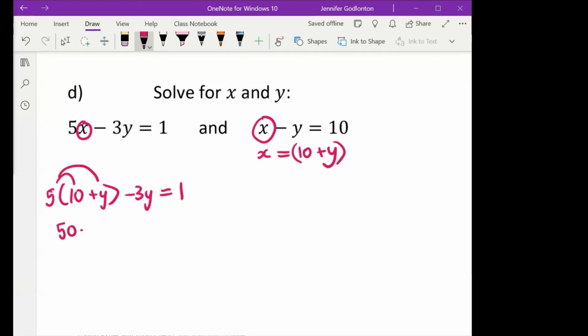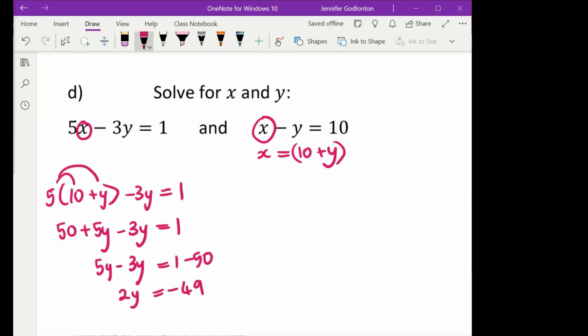So I get 50 plus 5y minus 3y equals 1. Now I'm going to have 5y minus 3y equals 1 minus 50. So 2y equals negative 49, which means y is equal to negative 49 over 2. And that's our first step.